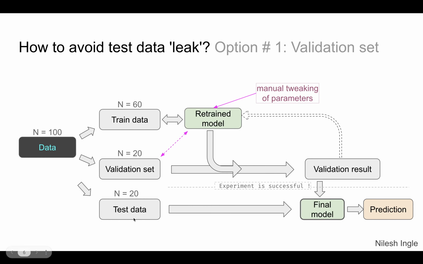So the approach here is you retrain the model until you are satisfied with the output score, and then once the model is final, only after that we run that model on the test data set to get your predictions, and that would be your final score on the unseen data. If you were to put that model into production, then you could expect that score as the model is working in production.